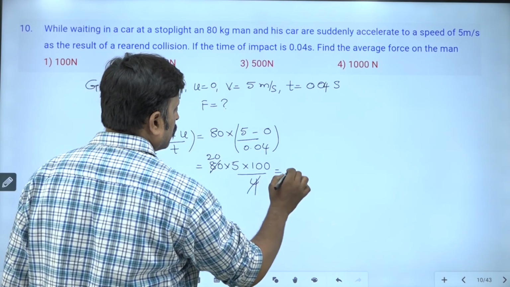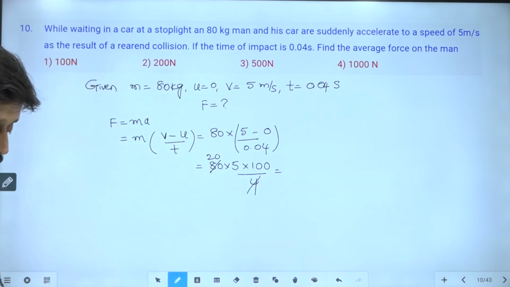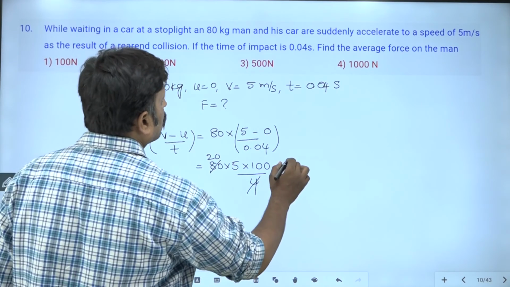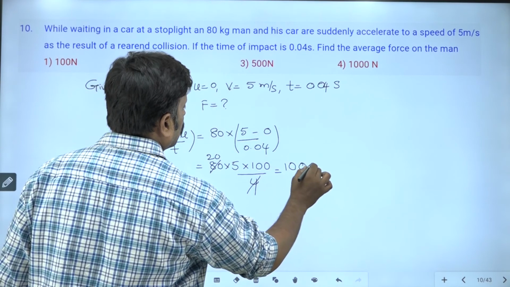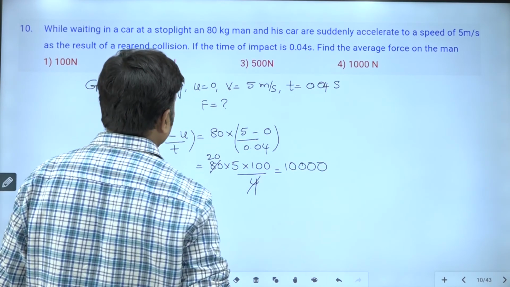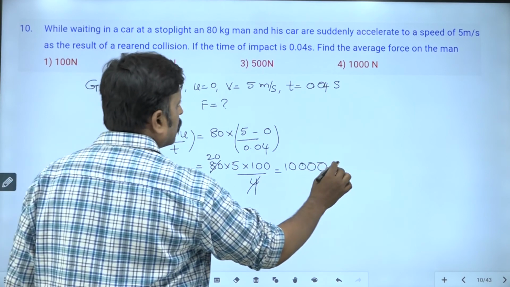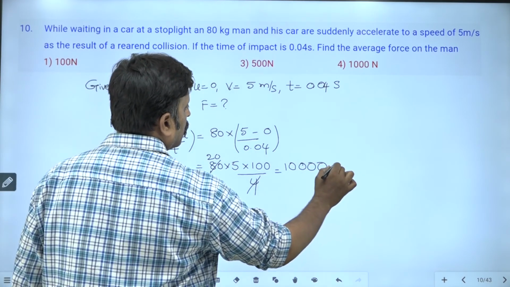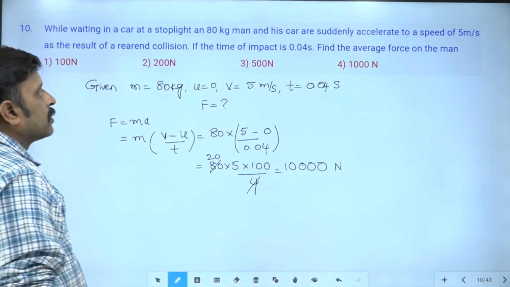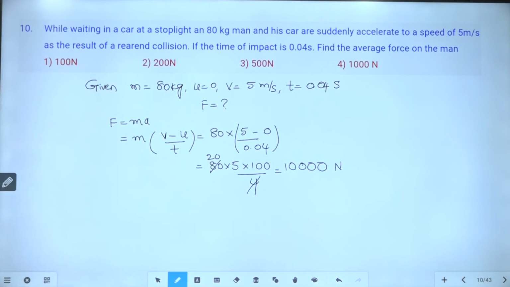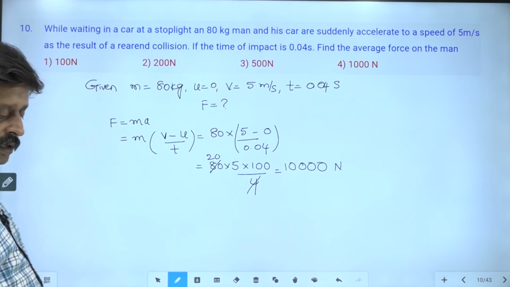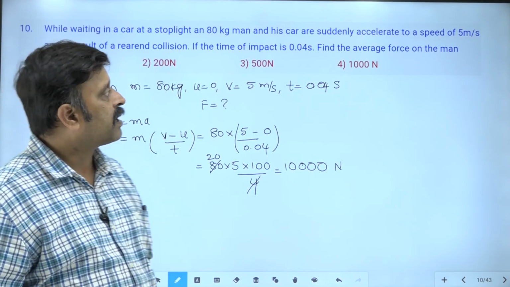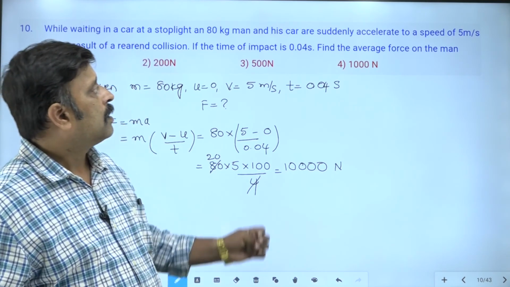100 into 10. How much? 10,000 newtons. See here, students, all of you, there is a small printing mistake in the question.